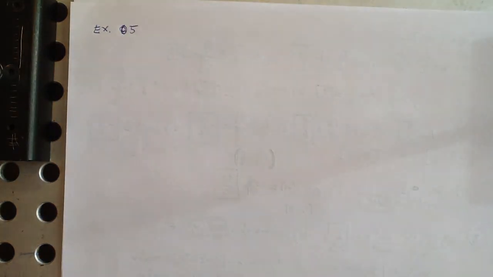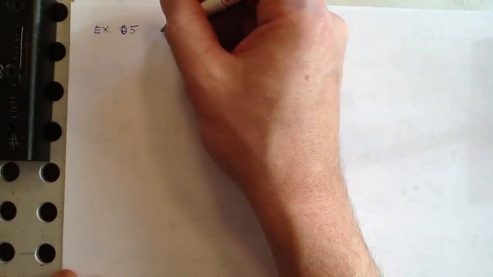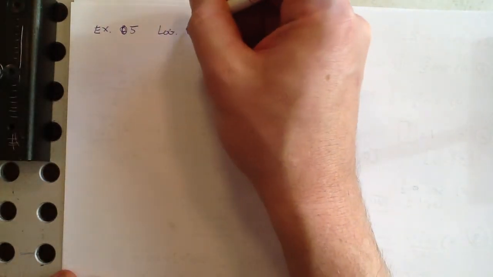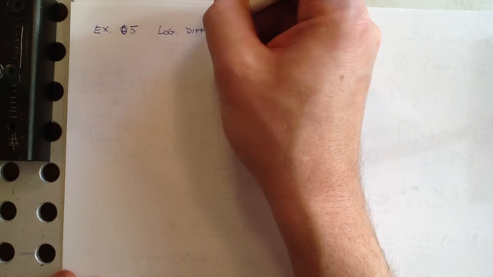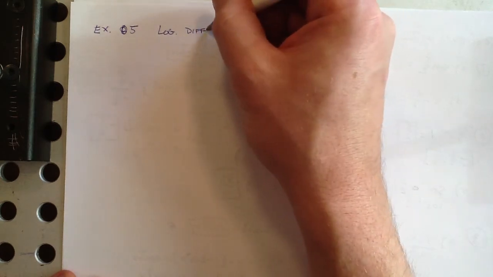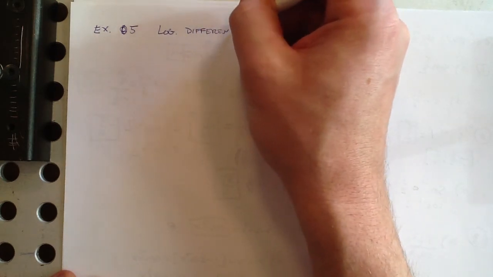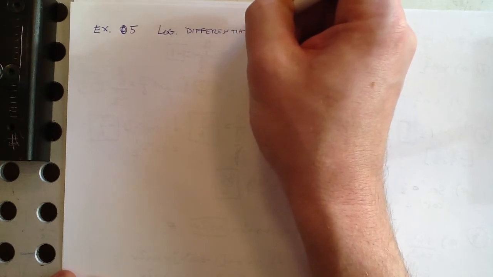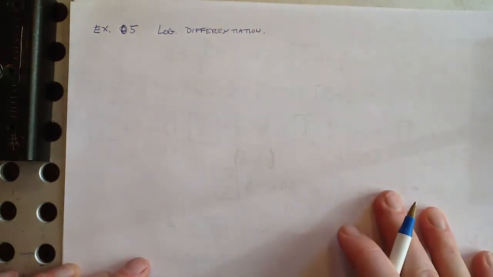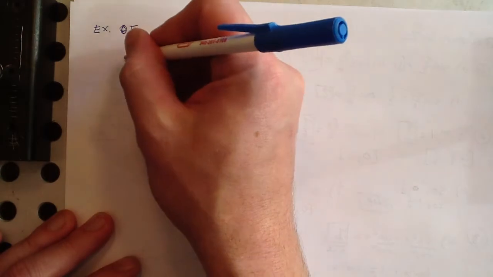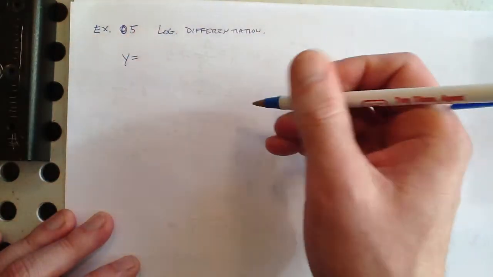I'm going to show you something called logarithmic differentiation. This is where our logarithm rules really come into play. Logarithmic differentiation. Alright, what does this mean? Let's say we have some really horrific looking function like this.